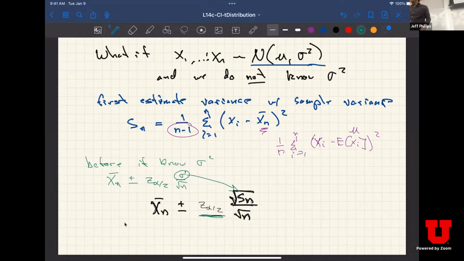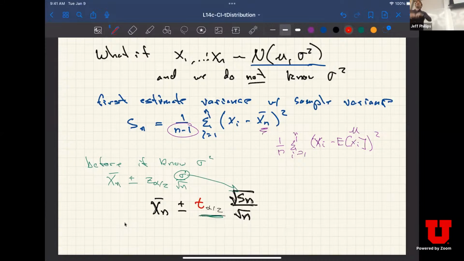And so the answer is that we're going to replace the z with t. Okay, I just put a t in there and I've solved the problem. So I just need a different table to look up if I use the sample variance instead.